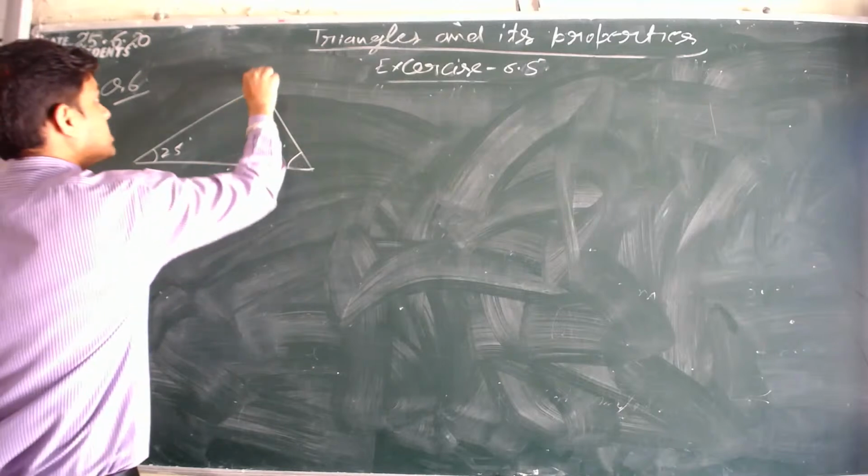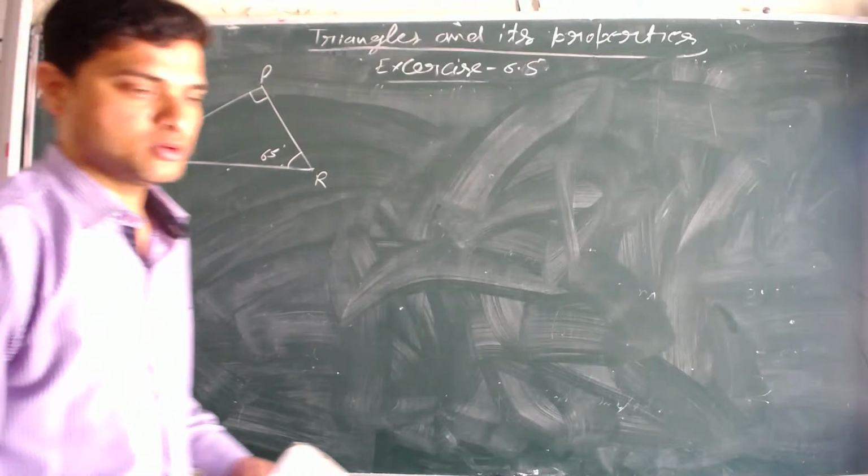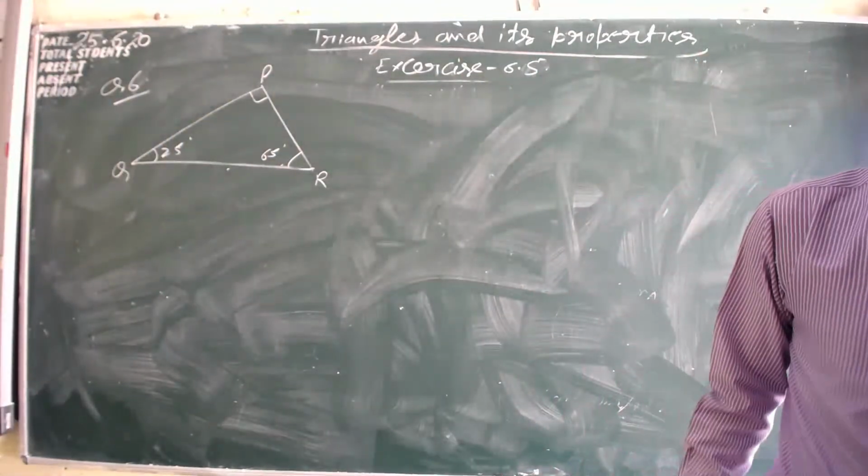Clear? PQR are the vertices of this triangle.